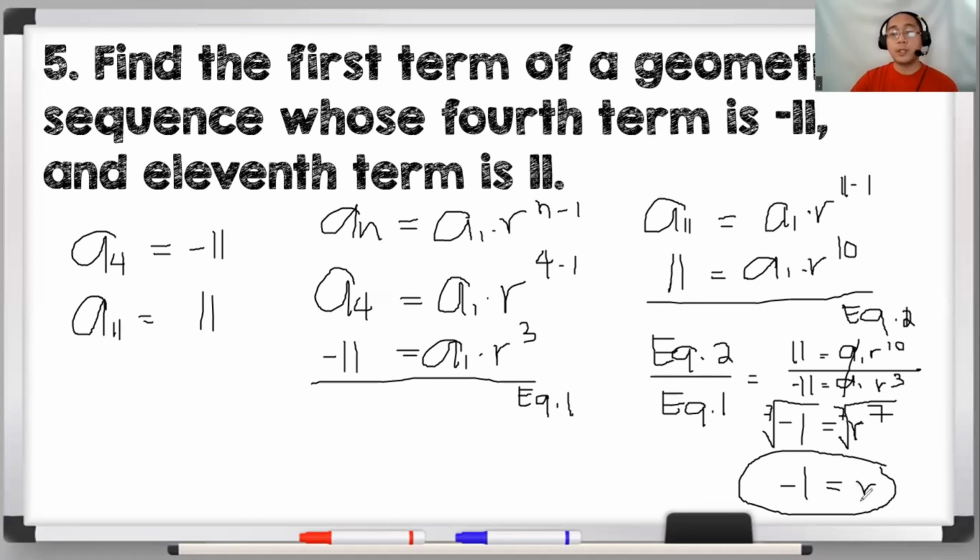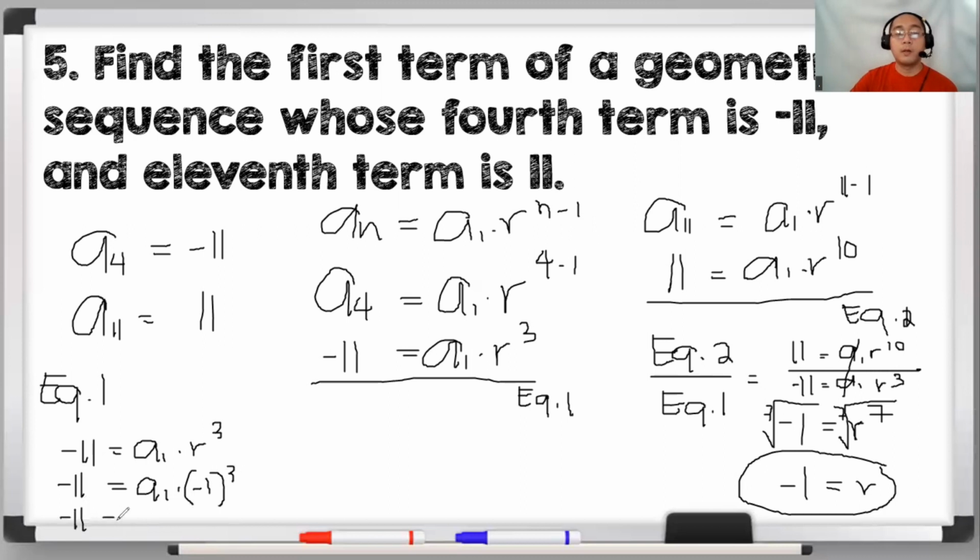So all we need to do is substitute the common ratio, in either equation 1 or equation 2, in order to solve for the first term. Let us substitute using equation number 1. Our equation is negative 11 equals a sub 1 times r raised to the power of 3. With r equal to negative 1, negative 11 equals a sub 1 times negative 1.